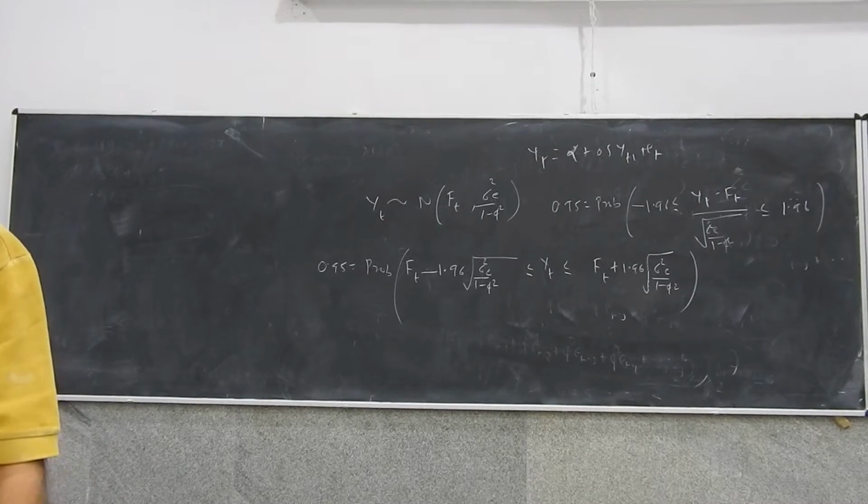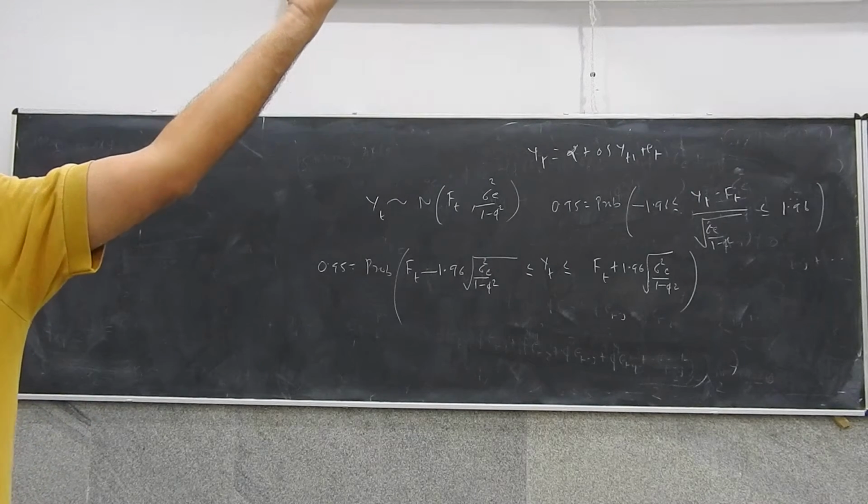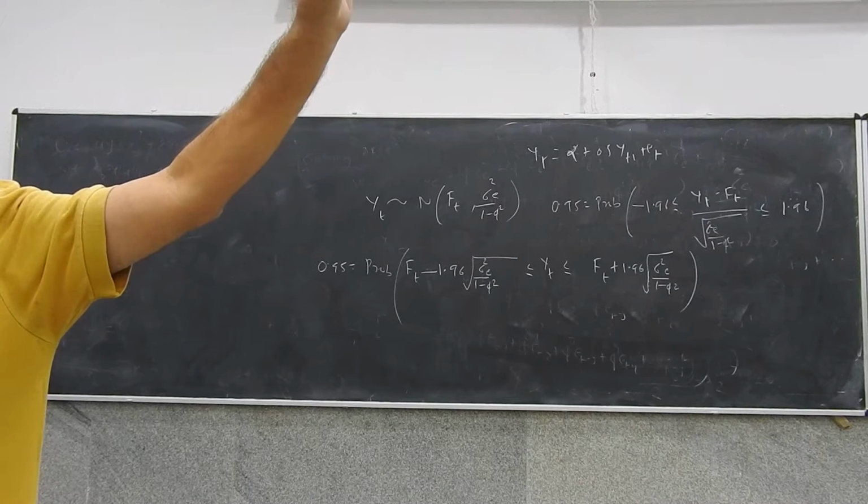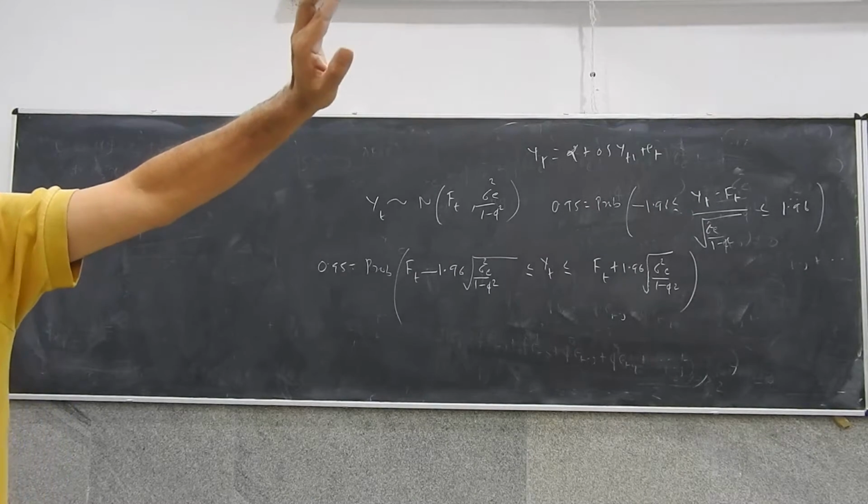What does it mean? It says the forecast for yt will be 4. My forecast value of yt is 4, but the actual value of yt will not be 4.